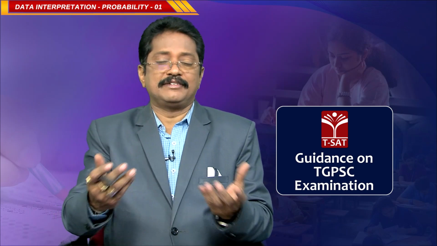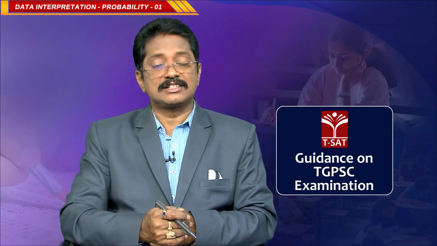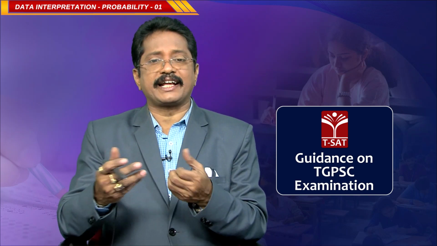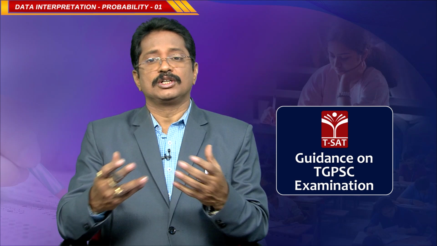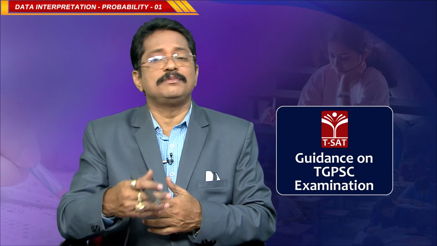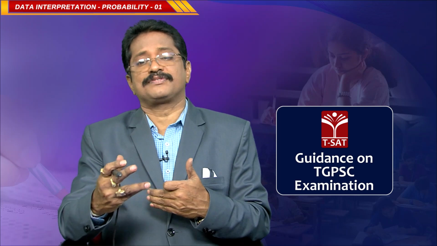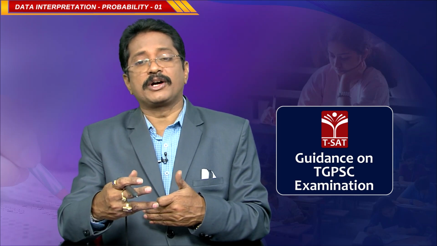Now I will discuss what kind of questions they will ask based on this. When you want to start a game, there are 2 teams, one will be the opponent, and we decide who will bat first, for example in cricket.